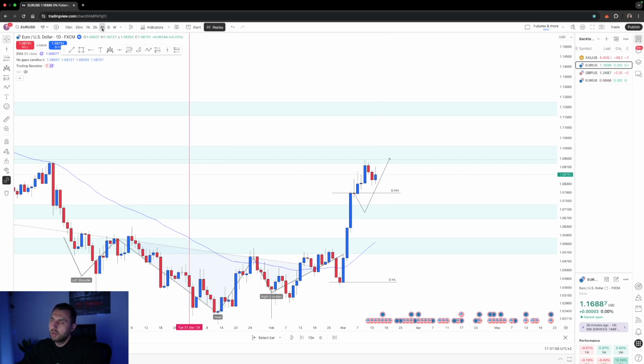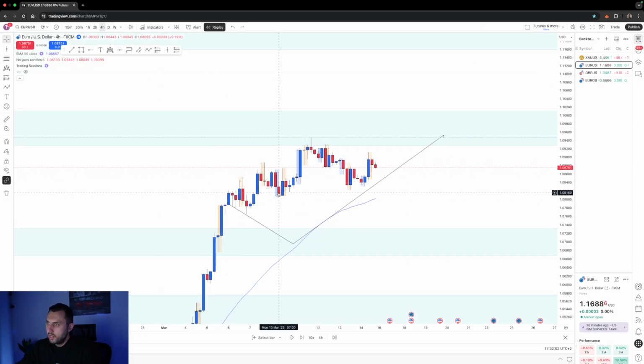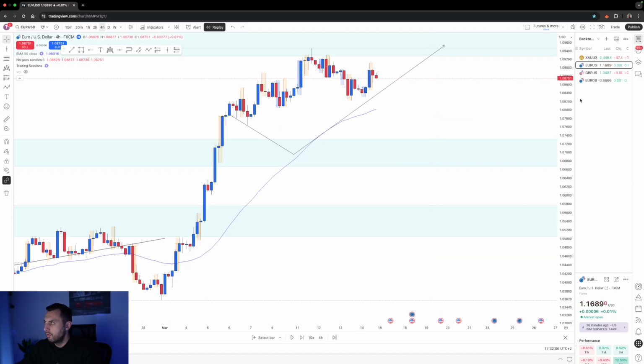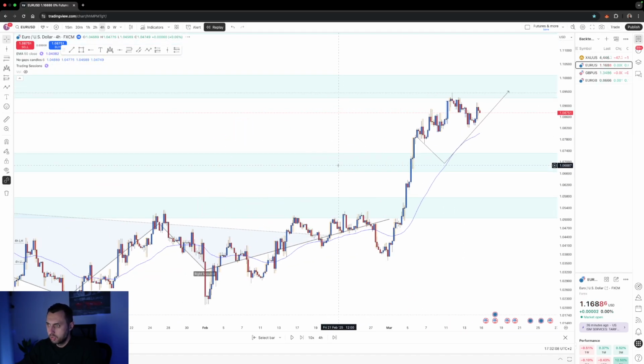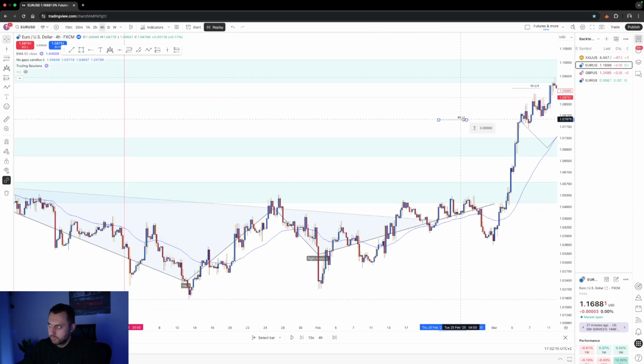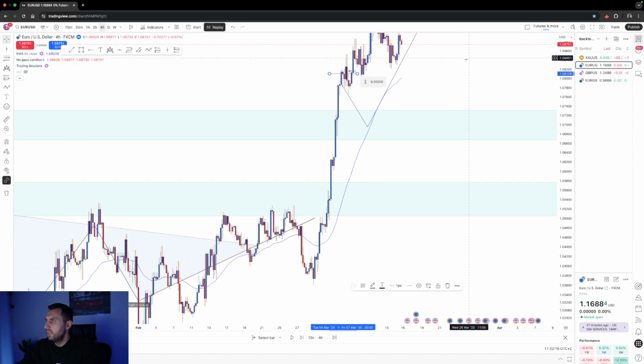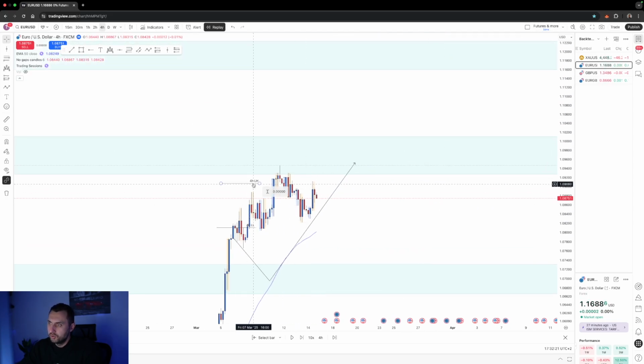Now let's see on the 4-hour what's going on. We can see that we have here the higher low and here the higher high on 4-hour. Let's move, where is it? So we will see if we will have a first winning trade right now in this zone.